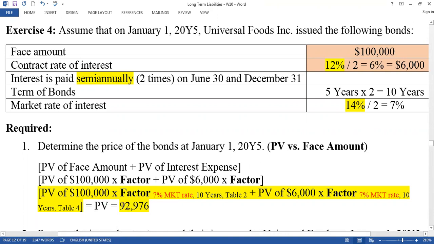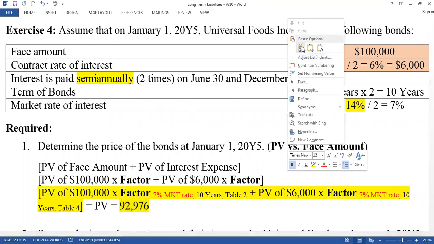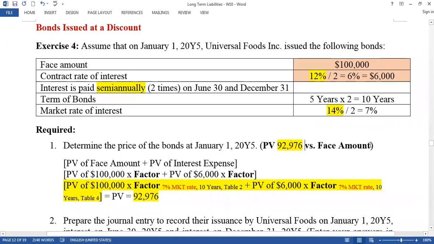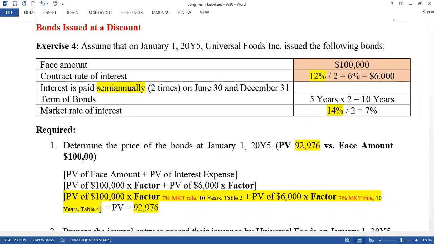So I can write here: this is the present value, but the face amount is this.